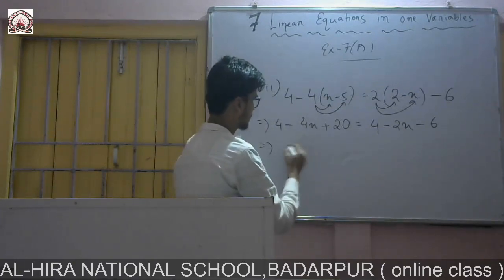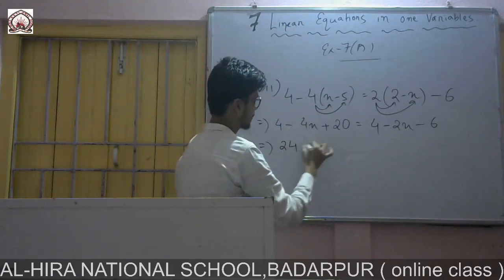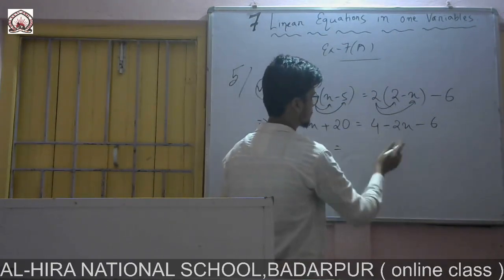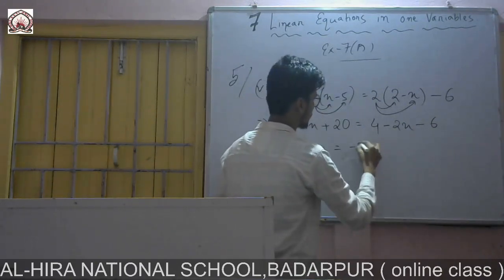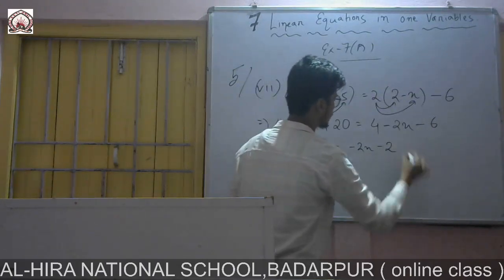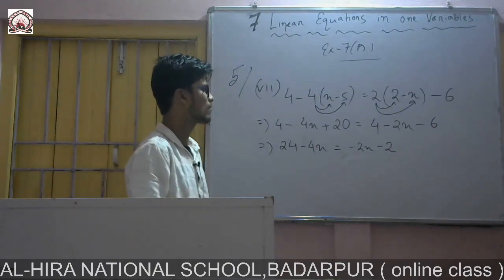You see it is here 20 plus 4, it is 24 minus 4x equals, minus plus it is minus, that means there minus 2x, and minus 6 plus 4 it is minus 2. 24 minus 4x equals minus 2.